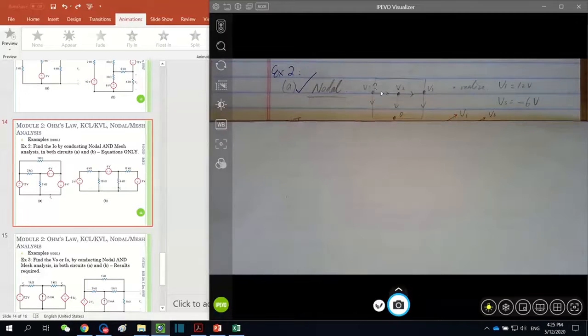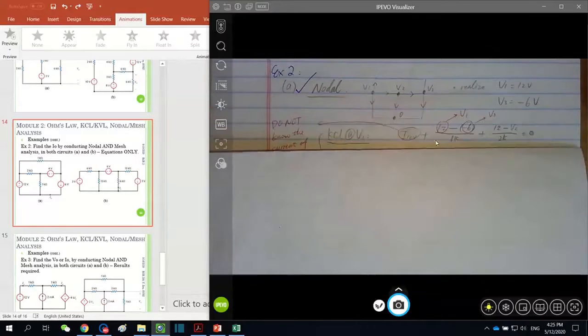Let's take a look at node 1. Three currents are involved. By assuming the current directions like this, we can come up with the first equation. A little bit tricky is the current in this branch going through the 12 volt voltage source. Like we have said several times before, for a voltage source we don't know the current through it.